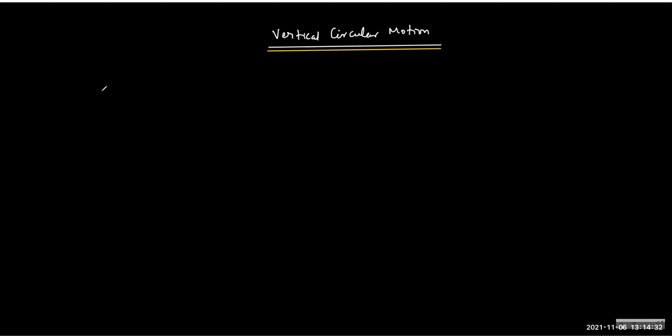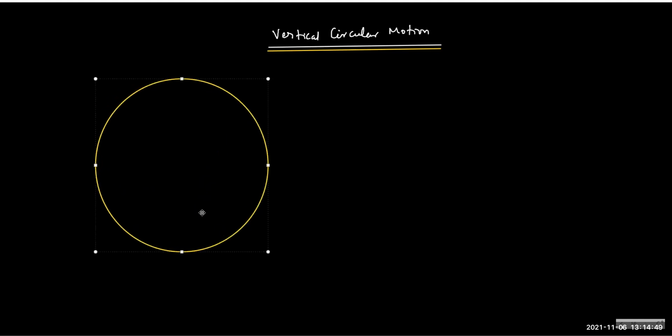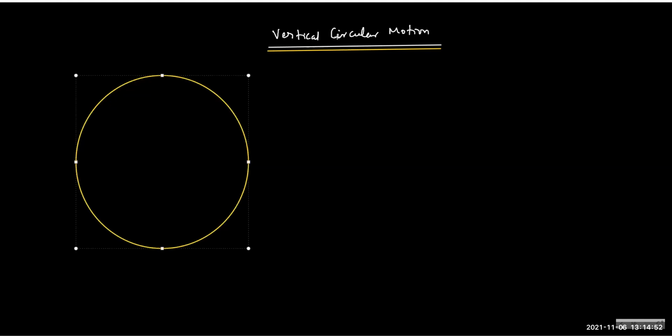So for circular motion, it is mandatory that the moving object must have a fixed distance. So how are you going to make sure that this will happen?